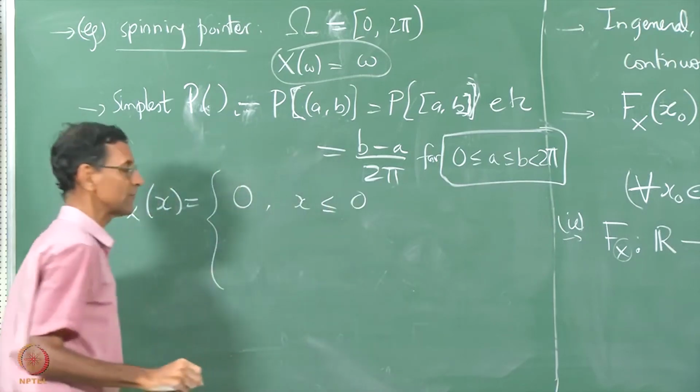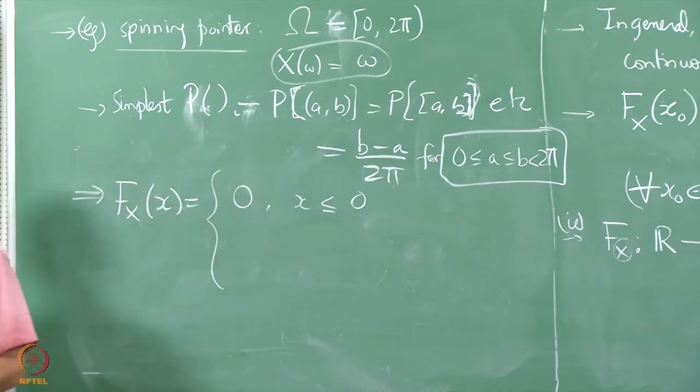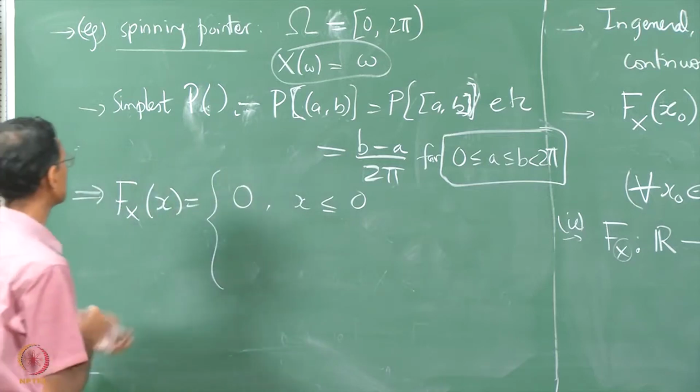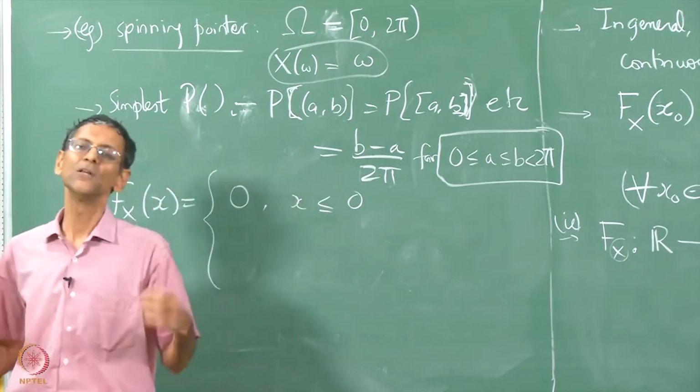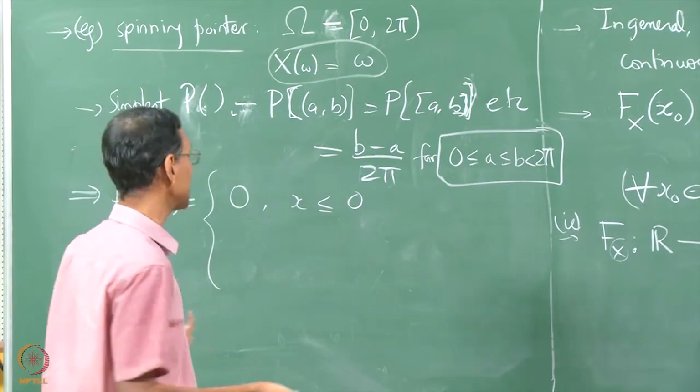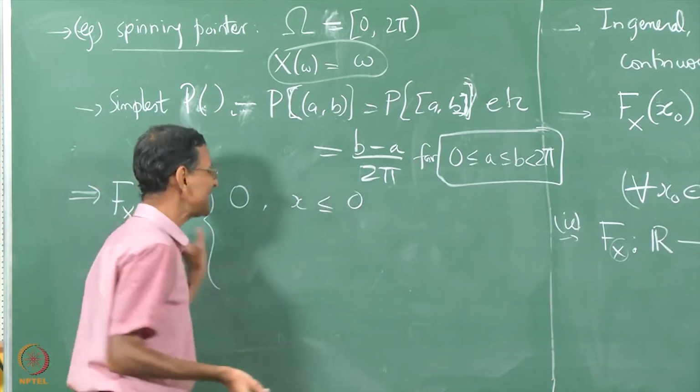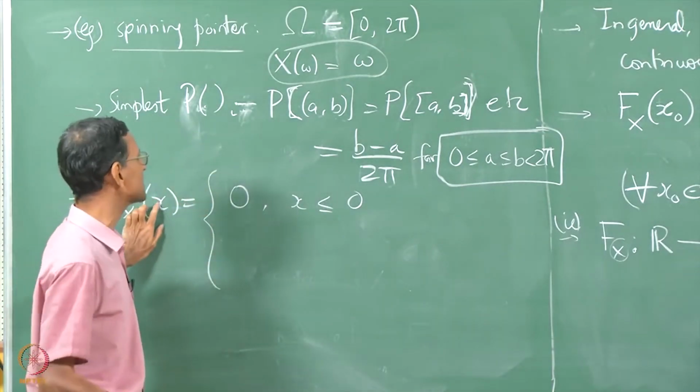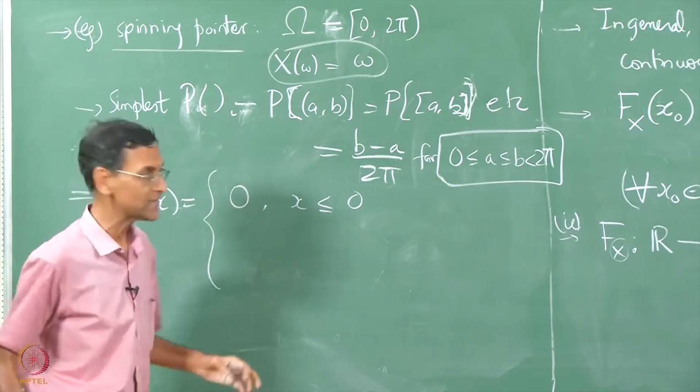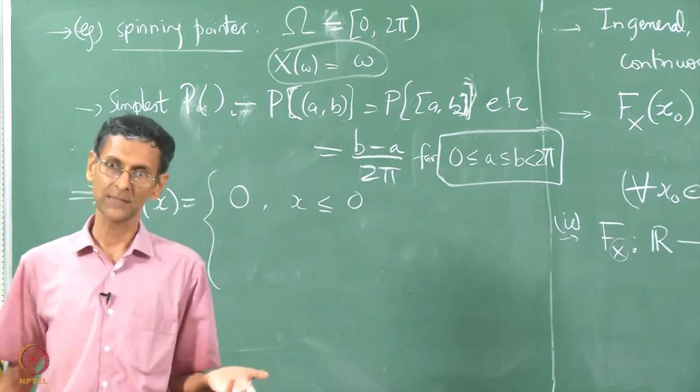If x is negative or even 0, the CDF has a value 0, because this basically is saying that you cannot get any negative numbers as the output of the experiment, and any interval of the type minus infinity to x, when x is negative, has 0 probability. It is basically a null event or impossible event, right.